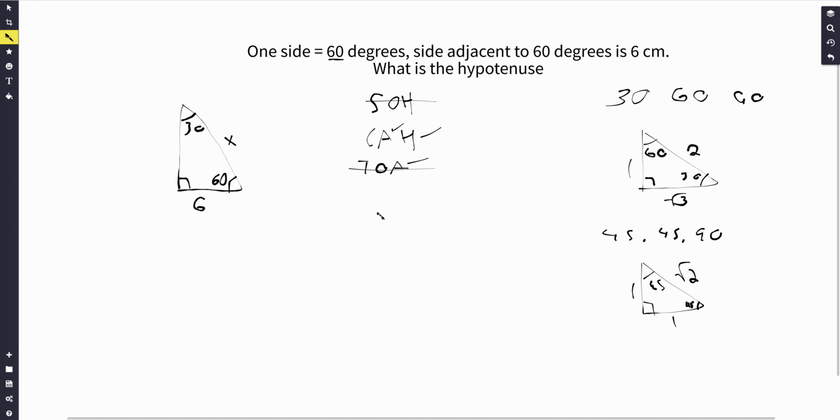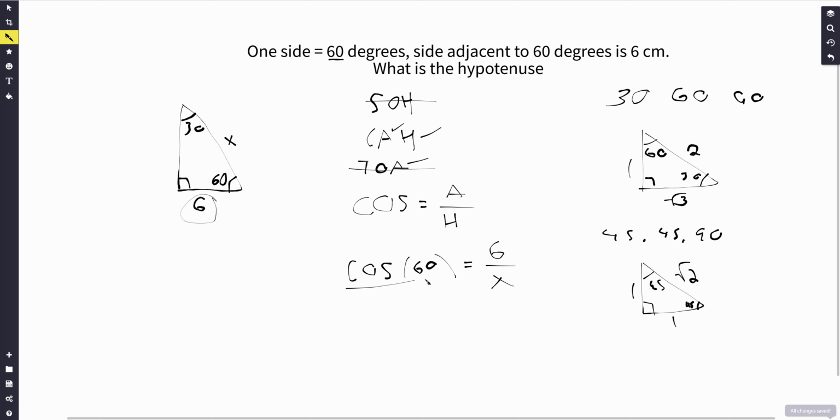So we know that cosine is equal to adjacent over hypotenuse. So given this information, we can just plug and chug. So cosine of 60 degrees is equal to adjacent, the 6 right here, over the hypotenuse, the x.